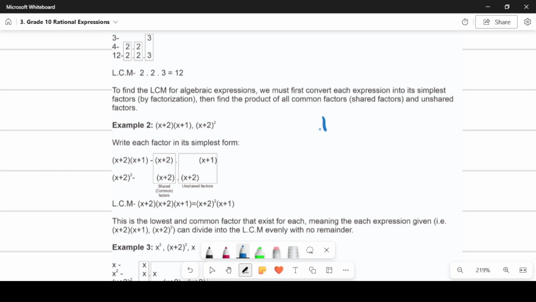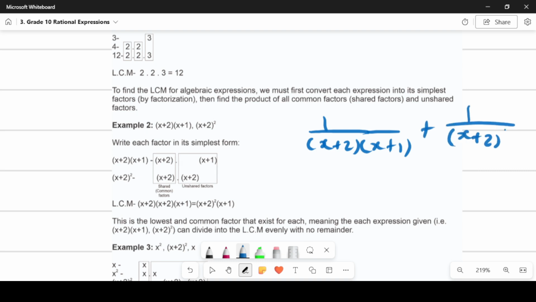Okay, so if we had 1 over x plus 2 times x plus 1, plus 1 over x plus 2 all squared, then the LCM will be x plus 2 all squared multiplied by x plus 1. So what's this? Your new denominator over the old denominator. We'll find out what factors are missing and multiply it by the numerator.